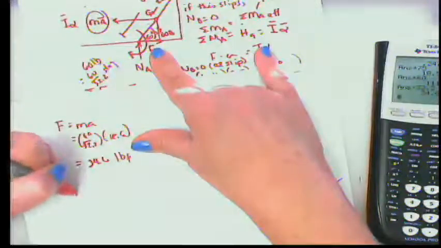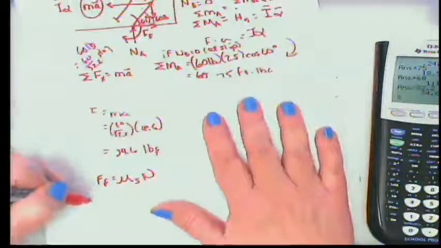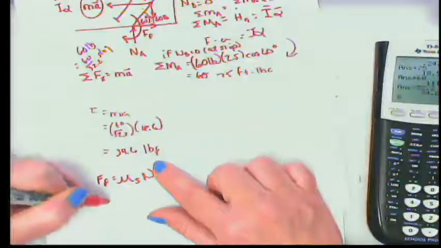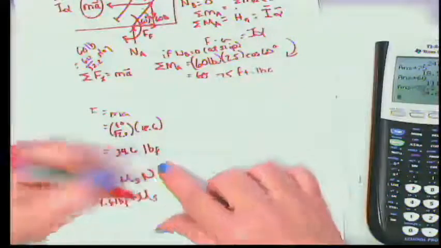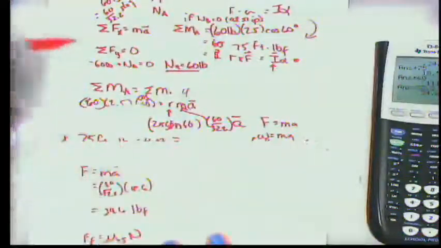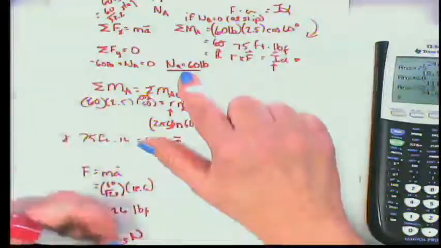And I know that the frictional force is equal to mu s times N. So that means that the frictional force, 34.6 pounds of force, is equal to that minimum mu sub s that I need times the normal force at point A, which I found to be 60 pounds.